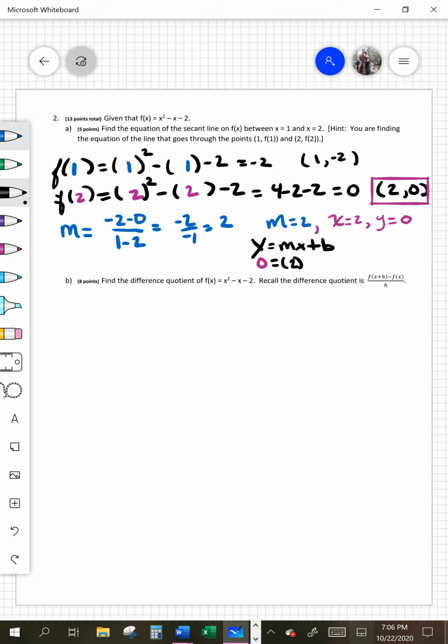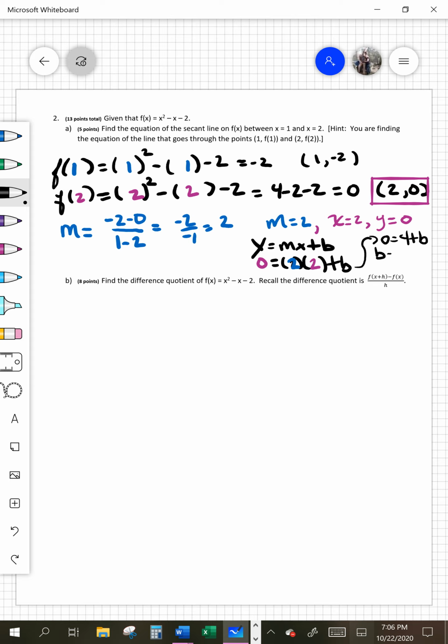plus b. Oops, sorry. The slope that we found was 2 times x. Sorry about that. X when y is 0 is 2 plus b. So we get that 0 is equal to 4 plus b. Subtract 4 on both sides of the equation.